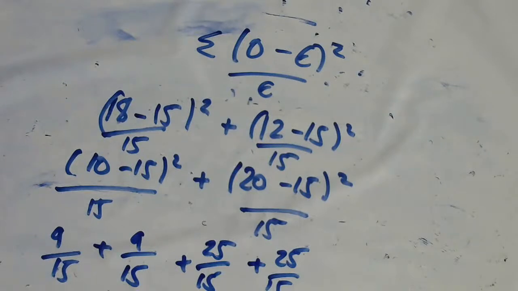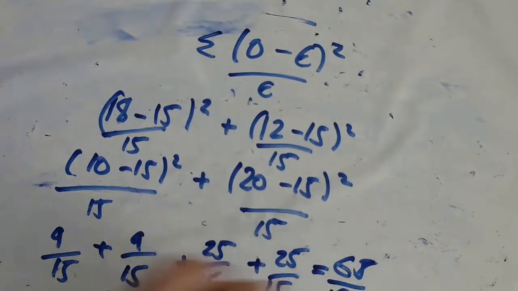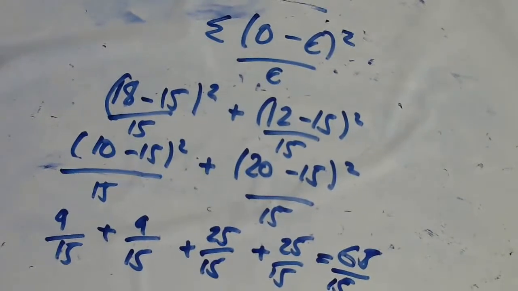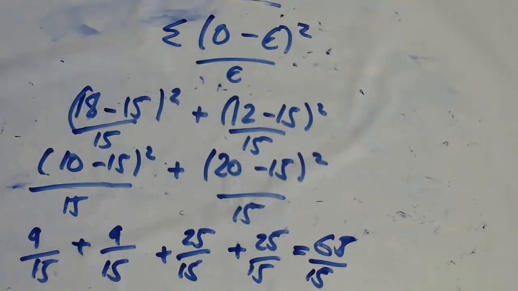So there we go. You have got 68 over 15. Okay. And that gives you a value of... I'm sorry, I'm just going to move the camera so it actually does work for you. So that is 68 over 15.